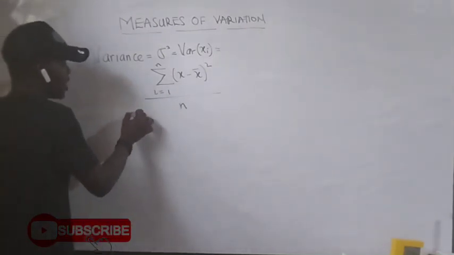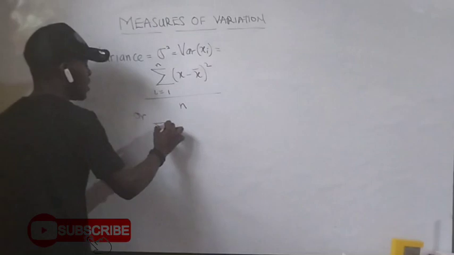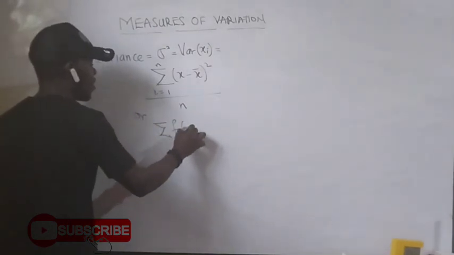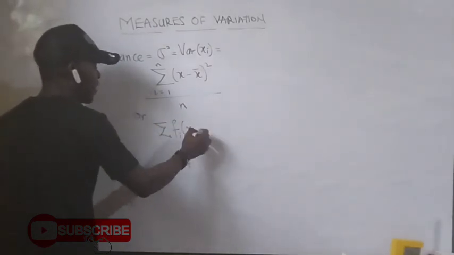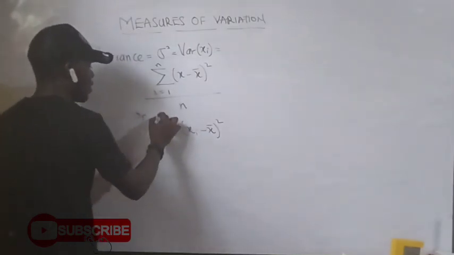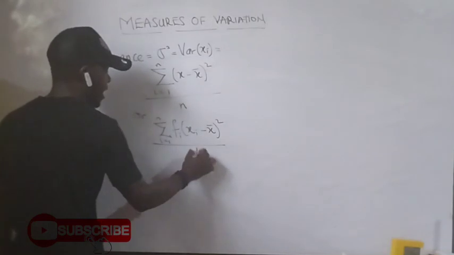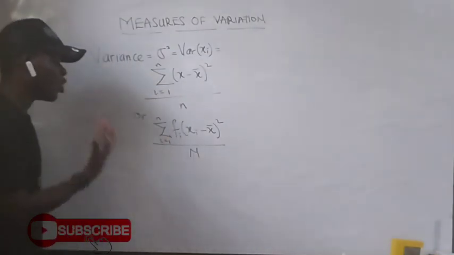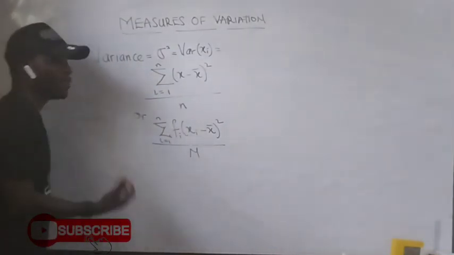But the moment it becomes grouped data, then the formula becomes the summation of fi times (xi minus x bar) squared, i ranging from 1 down to n, all over capital N. This actually talks about the computation of variance when it includes frequency.